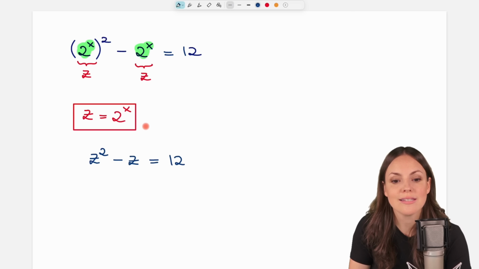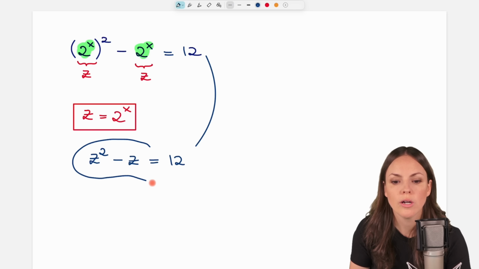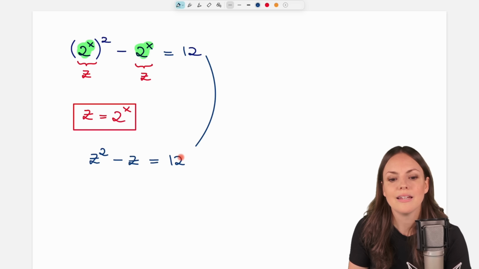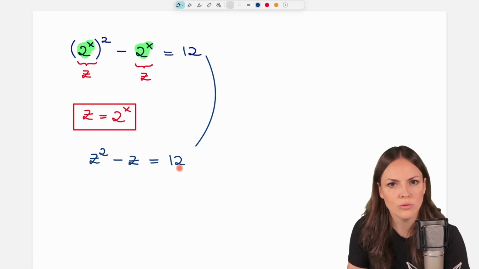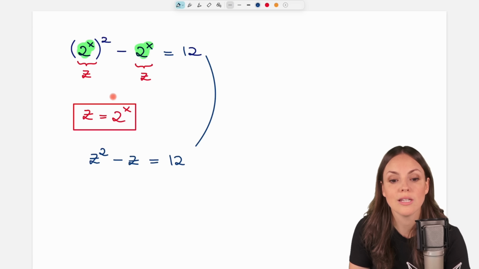So this is what the substitution does. It makes our equation easier first. Then we first solve this easier equation, and after we found the solutions, we go back to this substitution at the end to find the solutions for our original, more complicated equation.